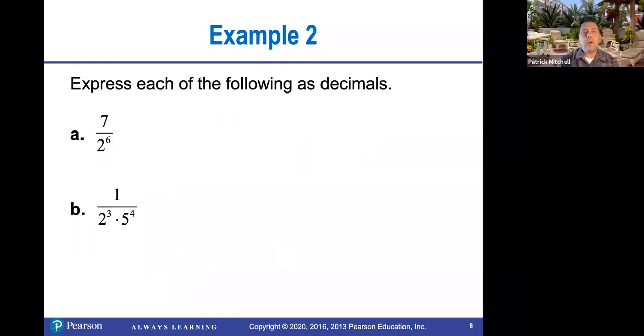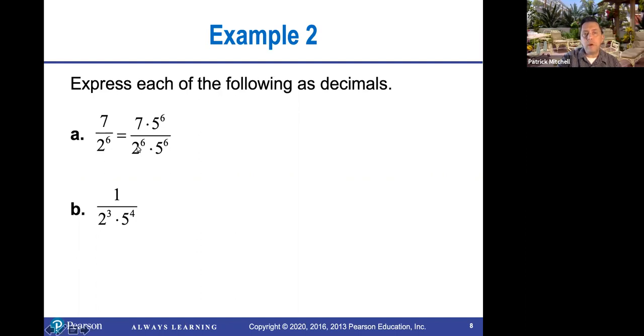All right, continuing, we have 7 over 2 to the 6th. So what you want to do in a problem like this is we want this denominator to be a power of 10. So to make it a power of 10, we'll multiply the top and the bottom by 5 to the 6th to go along with our 2 to the 6th.